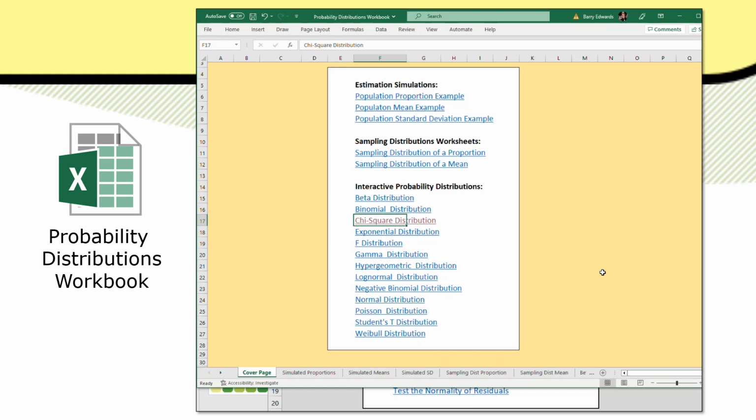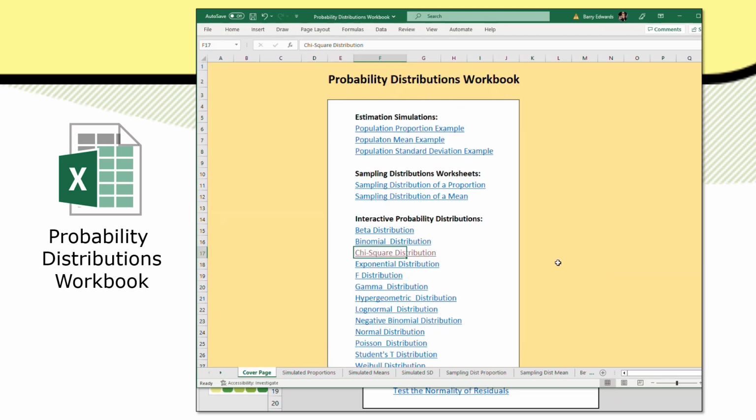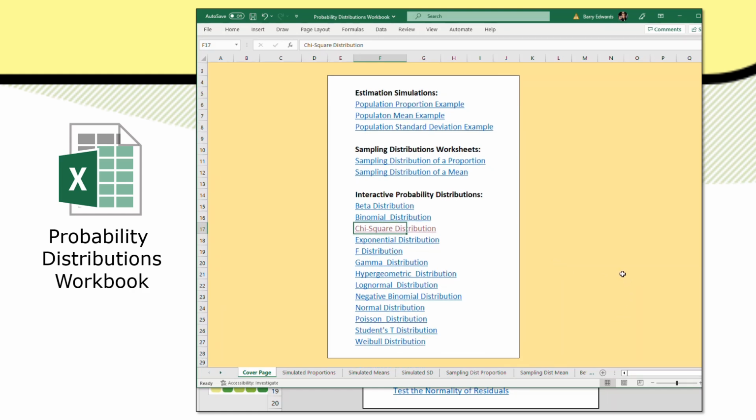And hopefully these pages and the ability to interact with these pages and see the shapes can help demystify the distributions, let you see what they look like, what influences their shape, what are plausible or implausible values. So I think these things are usually kind of hard to work with hands-on, and I think this workbook and these pages in the workbook give you a real chance to work with these distributions hands-on and understand how to use them and how they're useful.